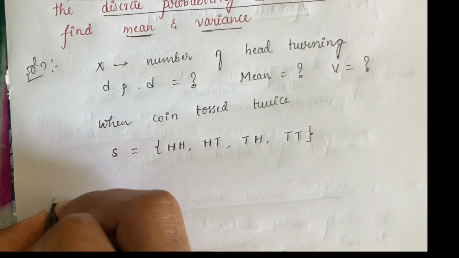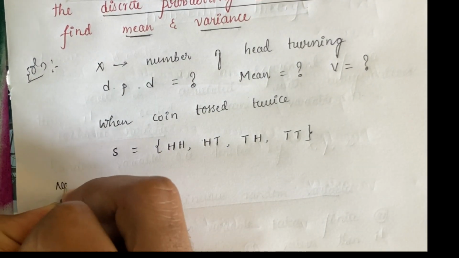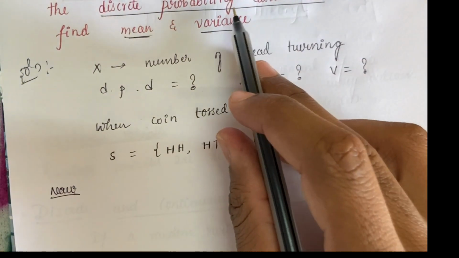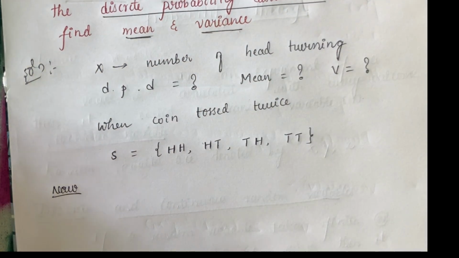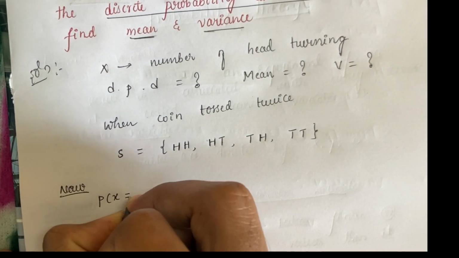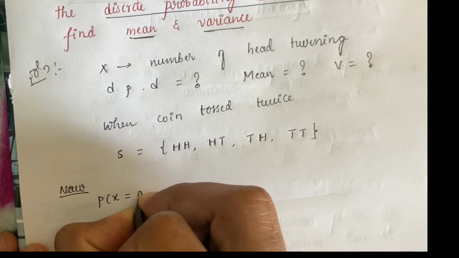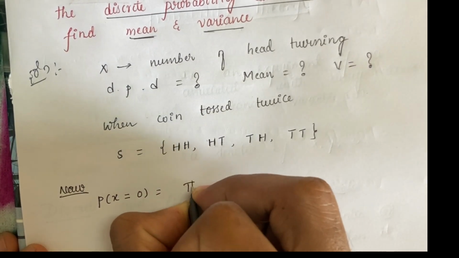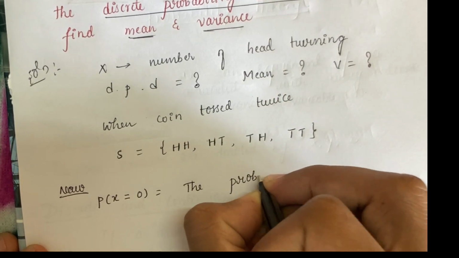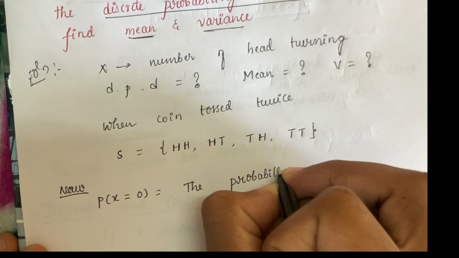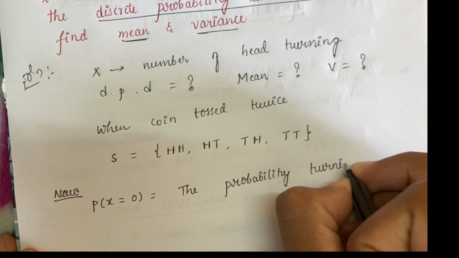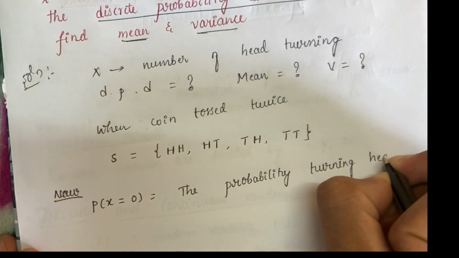Now we have to find the discrete probability distribution. For that, I will take p of x, the random variable value x equal to 0. So the probability of turning up head is 0.